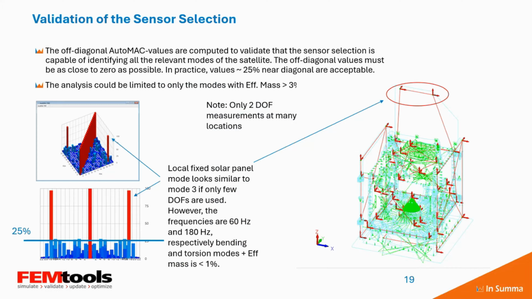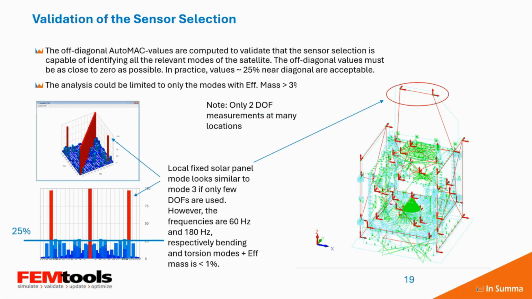And this, once again, stresses the importance of doing these pretest analyses to have a critical view of the test data that we receive. So these missing degrees of freedom from the test model induce a bending and torsion mode, which is then represented by the off-diagonal values that we see in our MAC plots.